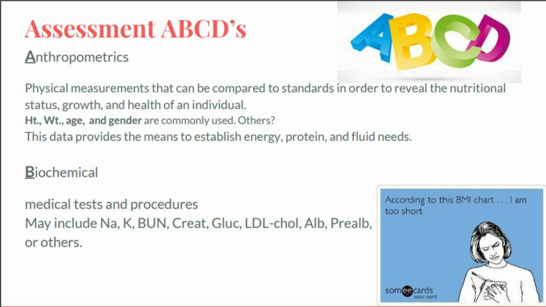BMI, which is the abbreviation of body mass index, is used to estimate the body fat mass. BMI is derived from an equation using weight and height: weight over height squared.